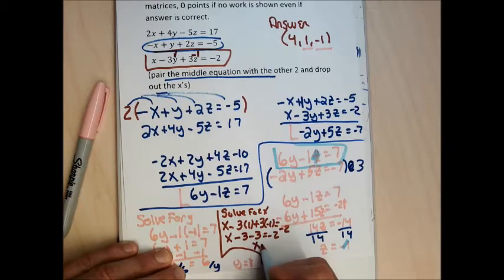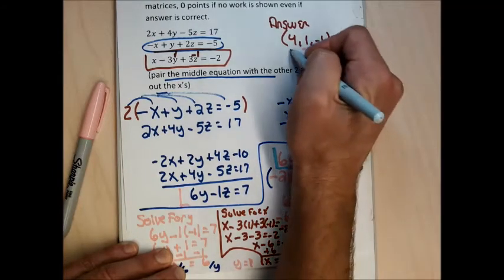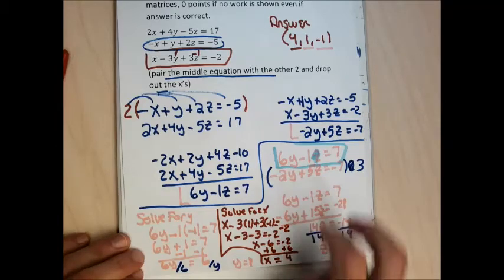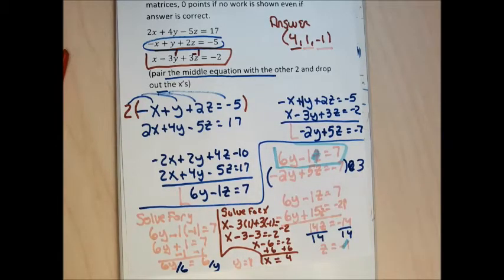That's going to simplify to x minus 6 equals negative 2, and then I'm going to add 6 to both sides. On the left-hand side, the 6's cancel, I'll get the x, and on the right-hand side, I'll get the 4, which is the last part of my answer. So that's everything that I need to do for problem 3. Again, the answer is kind of worth 0. All these steps that you take to get the answer are where the points are going to come from.